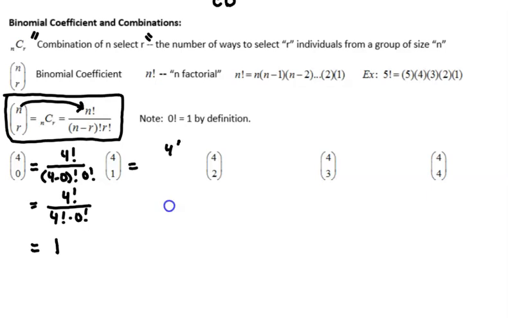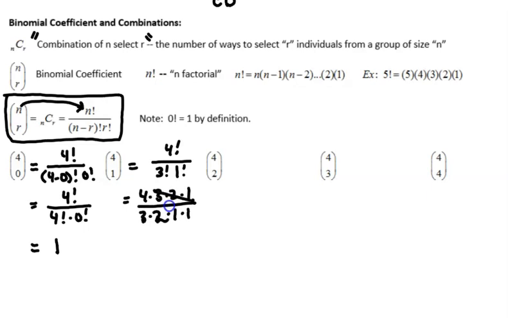Now we do 4 factorial over 4 minus 1 factorial. So I'm just going to write 3 factorial. Okay, that's 4 minus 1. So this is 4 times 3 times 2 times 1 over 3 times 2 times 1.